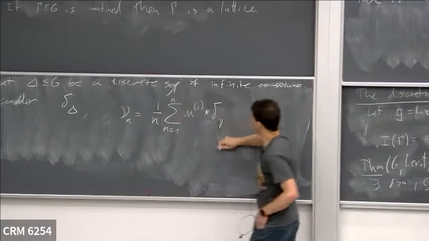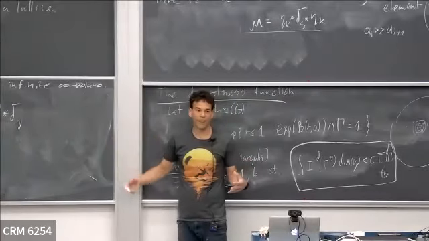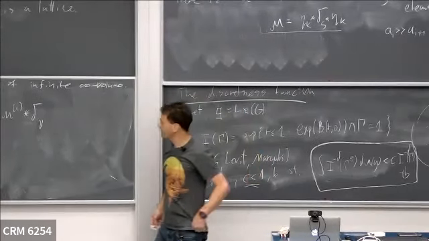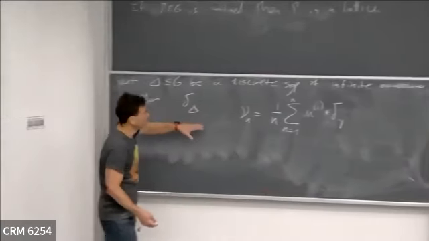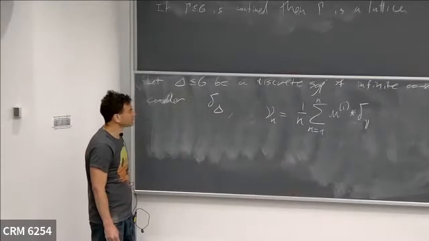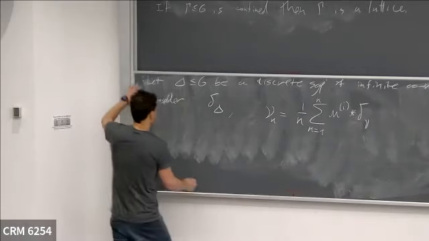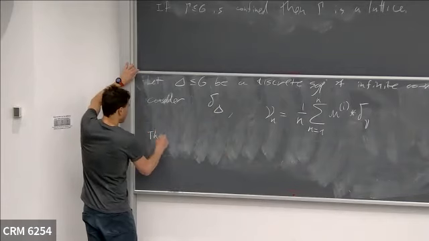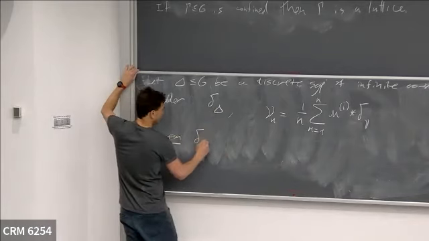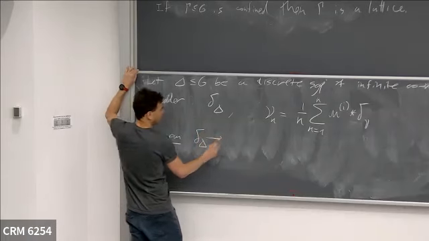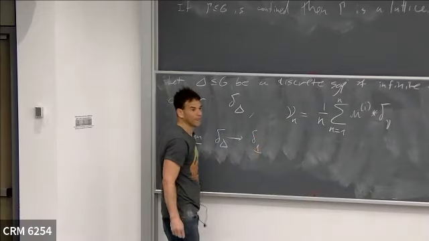So we look at the random walk on the space of discrete subgroups, and then we take the algebraic average, and we want to see what happened. So the theorem that we prove is that this converges to the Dirac measure of the identity.